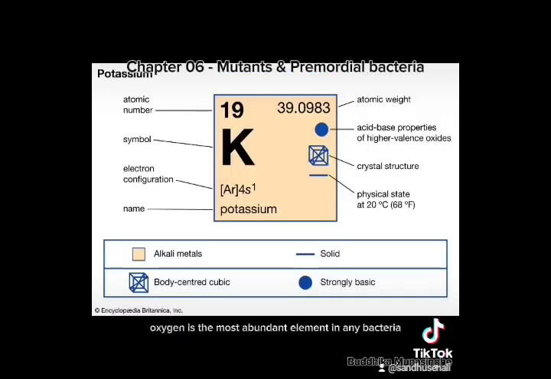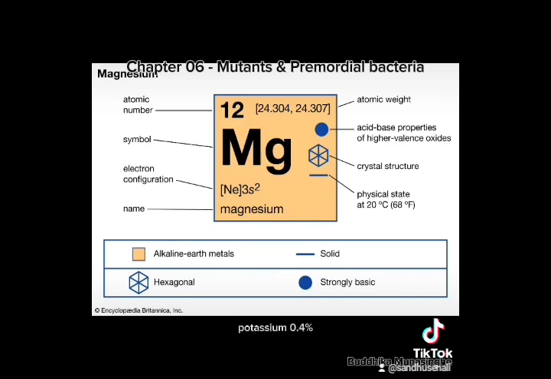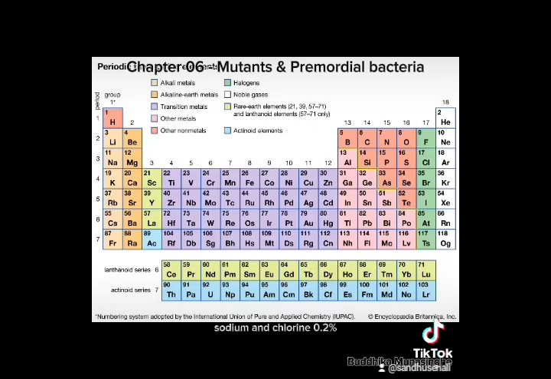Oxygen is the most abundant element in any bacteria. Oxygen percentage was 65% and carbon was 18.5%, hydrogen 9.5%, nitrogen 3.2%, calcium 1.5%, phosphorus 1%, potassium 0.4%, sulfur 0.3%, sodium and chlorine 0.2%, magnesium 0.1%.